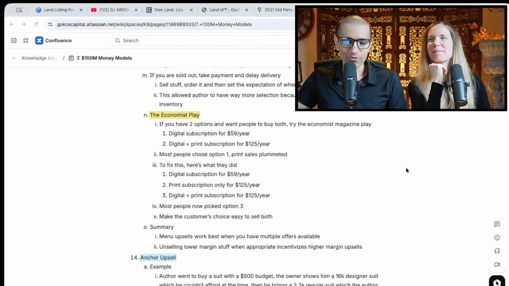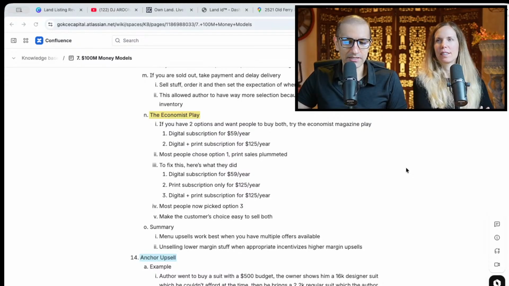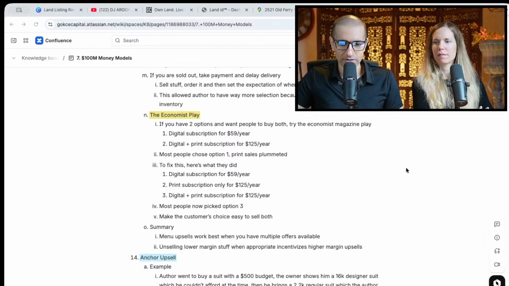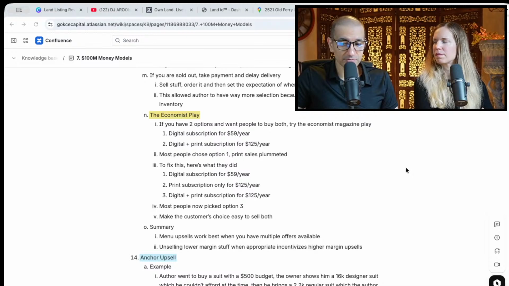Okay, so the Economist created an offer. Their genius marketing team said, okay, digital subscription, you can get it for $59 per year, or you can get digital plus print subscription for $125 per year. That was the original offer. Most people picked the digital subscription for $59 per year, and print sales plummeted.